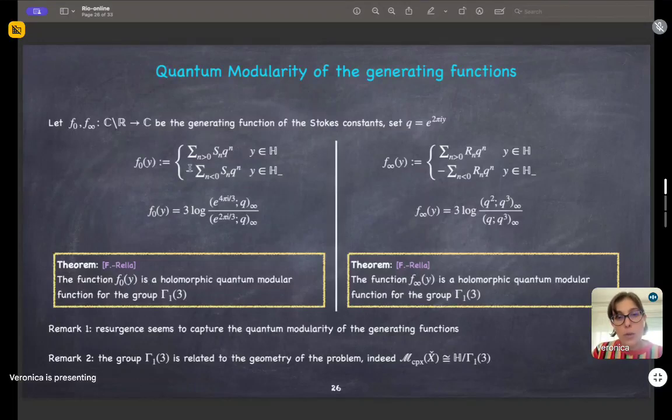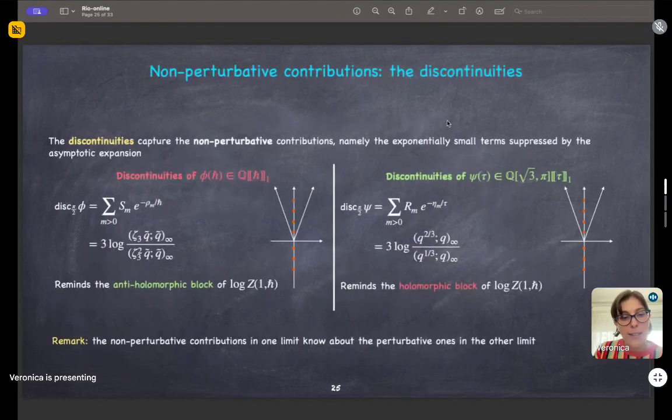if we look at the quantum modular property of the generating functions, where now I'm writing them as functions of y. I'm sorry, because when I think of them in terms of discontinuities, I think of them in this inverse power of h bar or tau because they are the non-perturbative corrections.